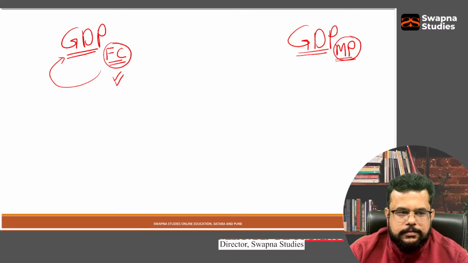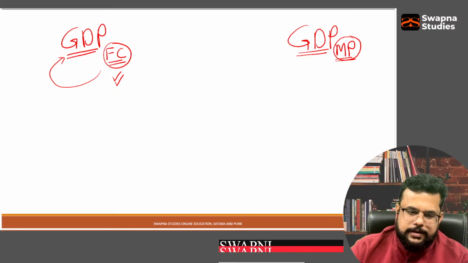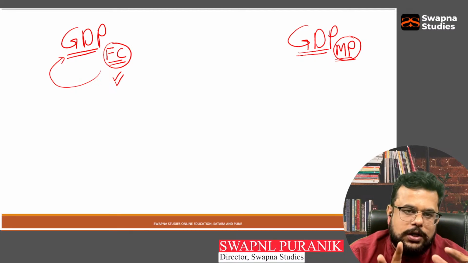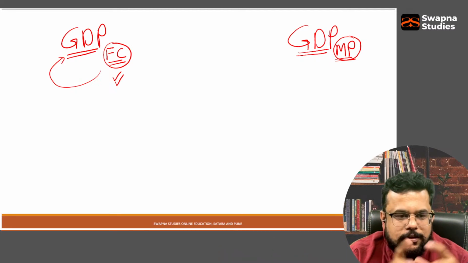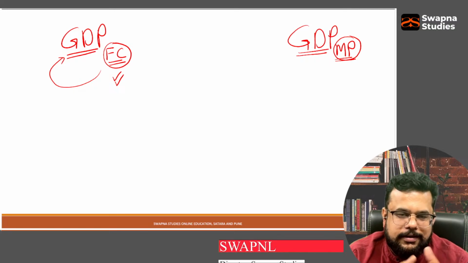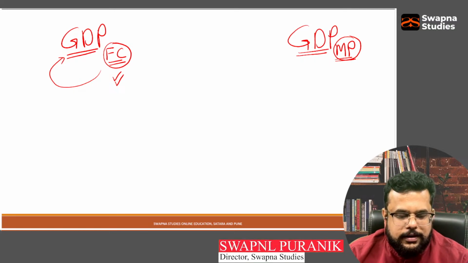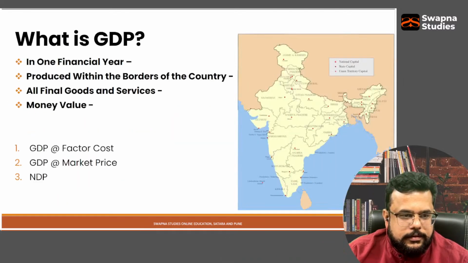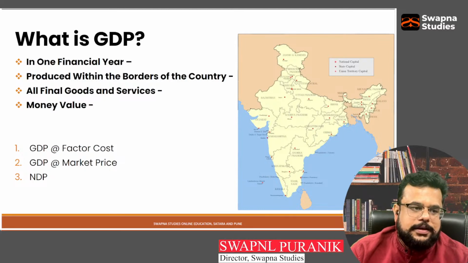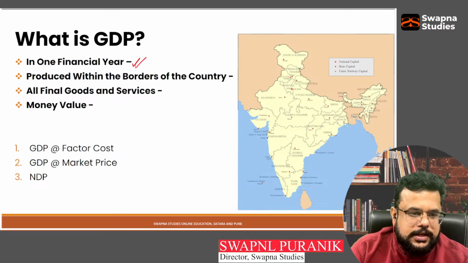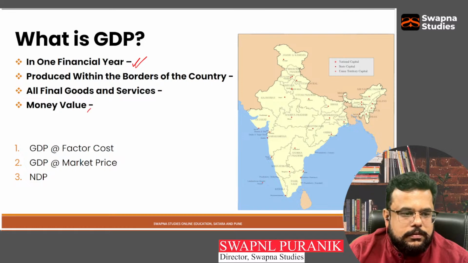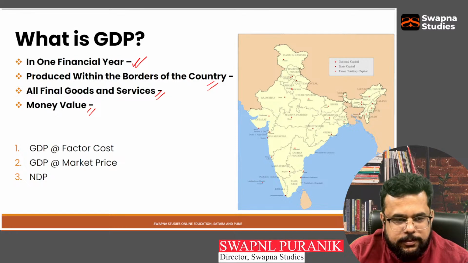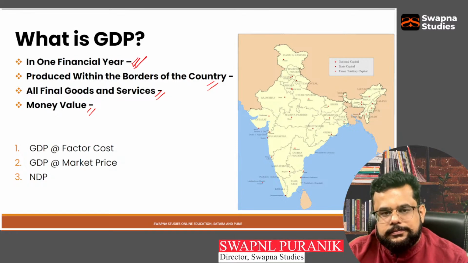So GDP at factor cost and GDP at market price. So you know what is GDP? GDP means money value of all the final goods and services produced within the border of the country in one year. Okay, let us revise that definition again. GDP is the money value of all final goods and services produced within the borders of the country in one financial year.